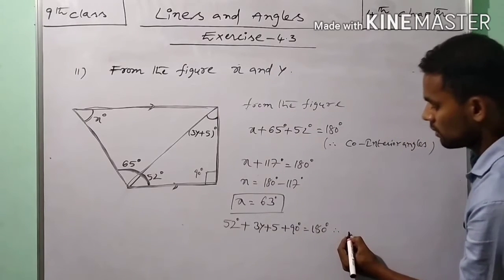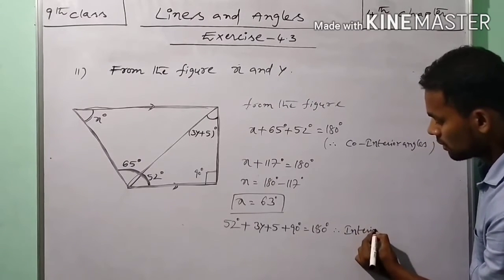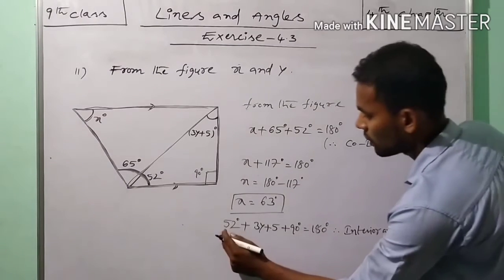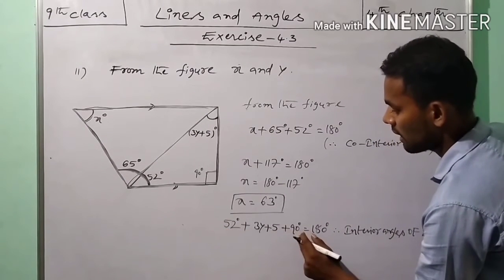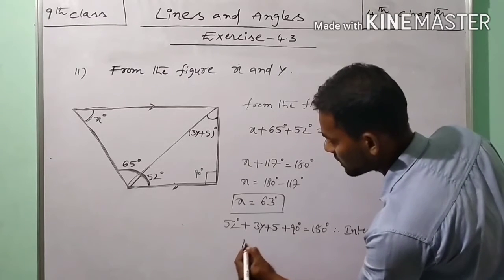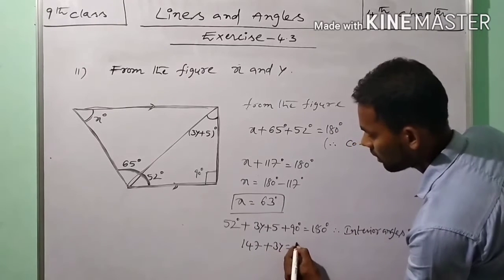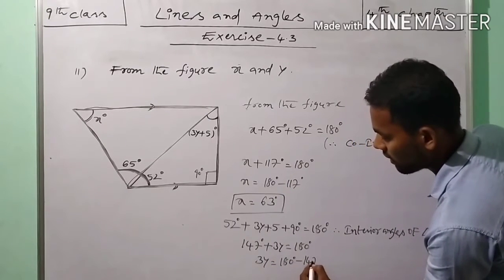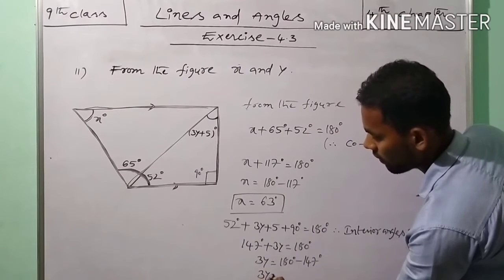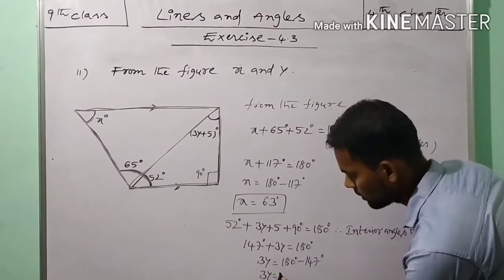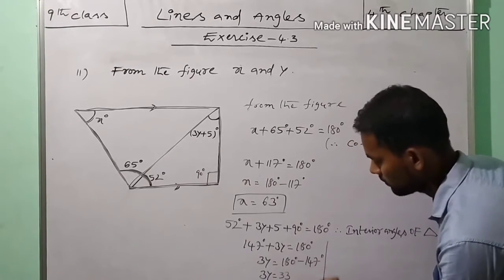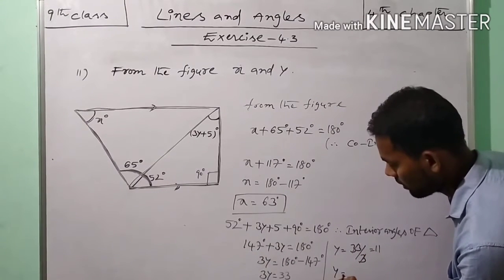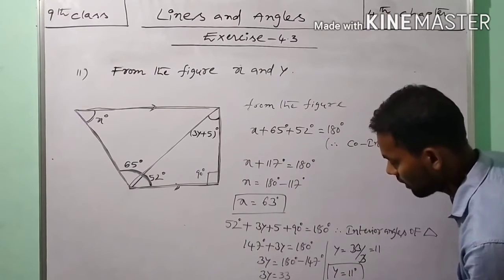Therefore, interior angles of a triangle. 52 plus 5 is 57, plus 90 is 147, plus 3y equals 180 degrees. 3y equals 180 minus 147 equals 33. y equals 33 by 3. 3 times 11 is 33. y equals 11 degrees. The y value equals 11 degrees.